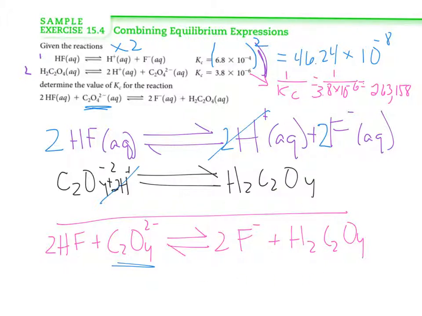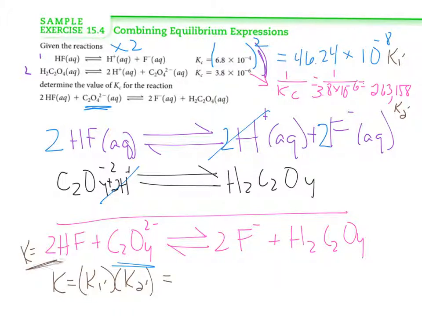So now the way these are written, they add up to this final reaction. When I add two reactions, what do I do to their equilibrium constants, which are here and here? Look on your notes. If you add two reactions, you multiply the equilibrium constants. So the K for this reaction is going to be equal to, we're going to call this one K1 prime, and this one is K2 prime because we adjusted them. It's going to be equal to K1 prime times K2 prime.